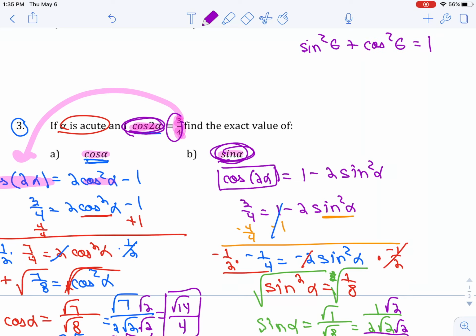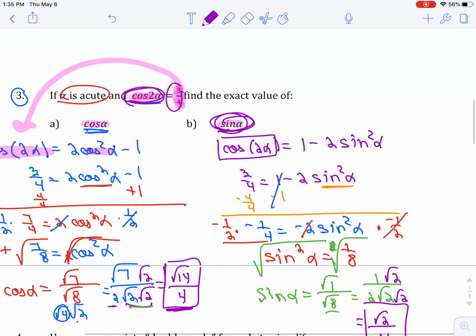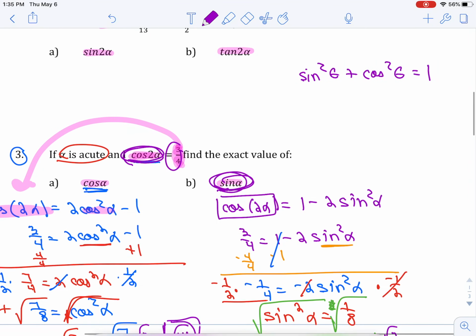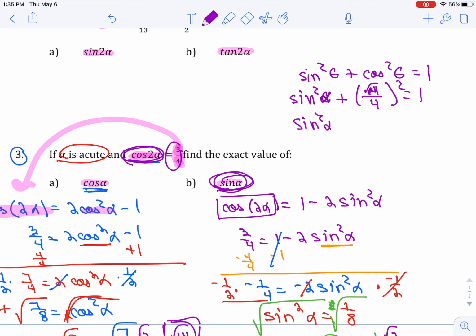And so if I know that the cosine from down here is the square root of 14 over 4, then this would become sine squared alpha, if I use alpha, plus the square root of 14 over 4 squared is equal to 1. So this becomes sine squared alpha, plus when I square this, I get 14 over 16 is equal to 1.